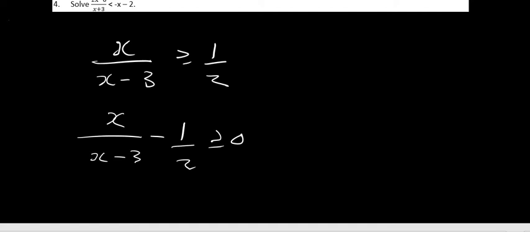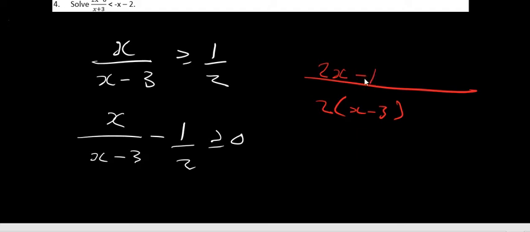From there, if you work it out, you're going to find that the common denominator for these two is simply 2 times (x minus 3). So 2 times x is 2x, minus 1 times (x minus 3).